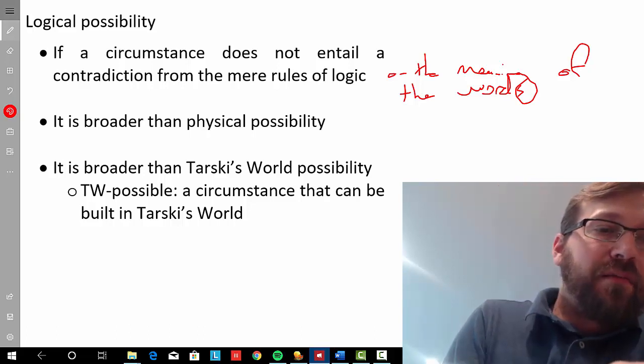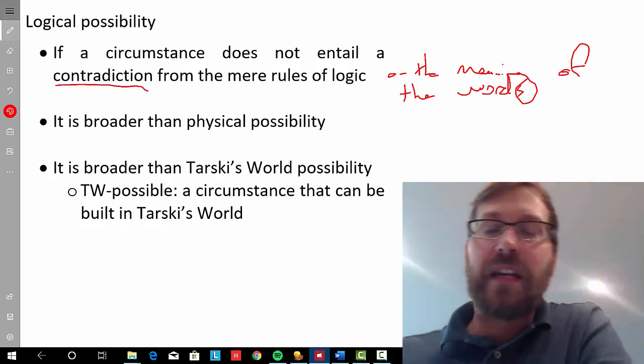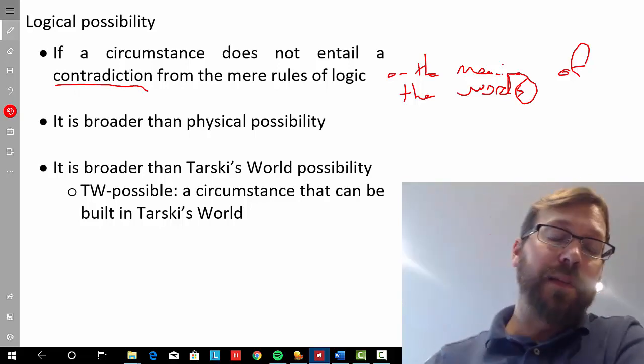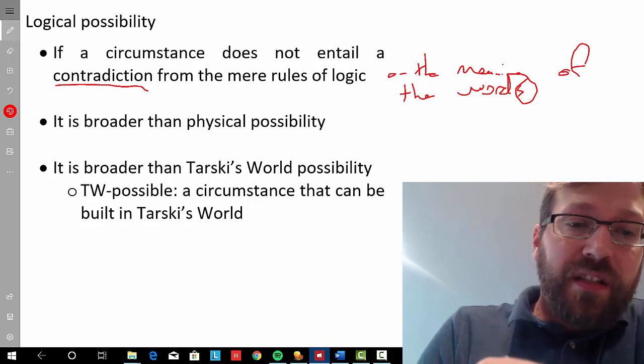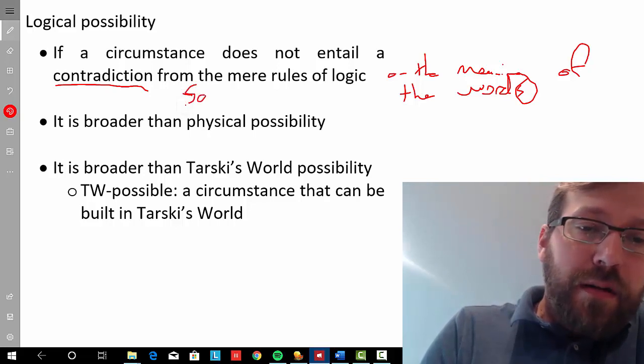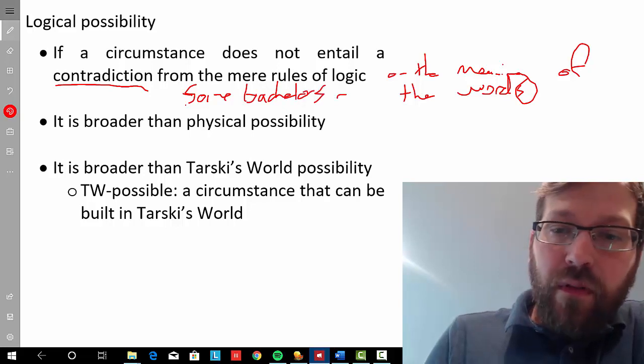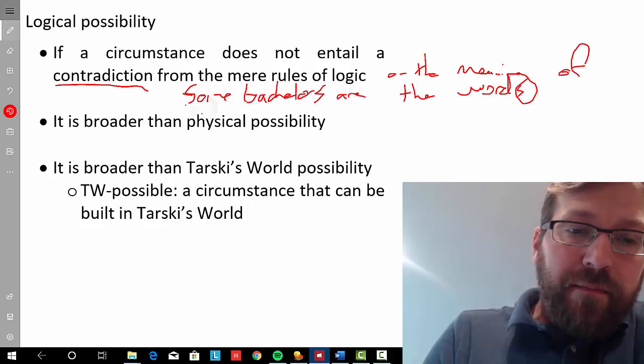Just to give you a sense of how something can entail a contradiction just by the meaning of the words, think of a proposition that says some bachelors are married.